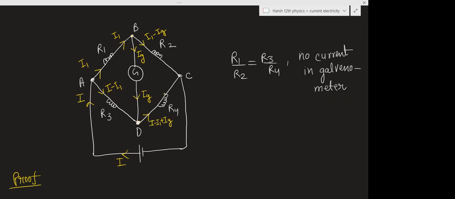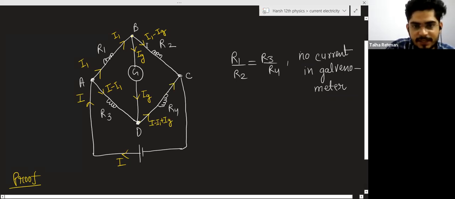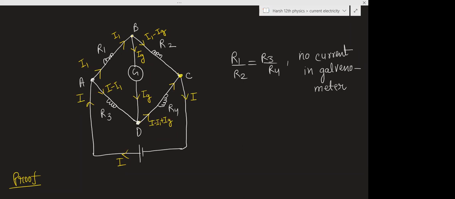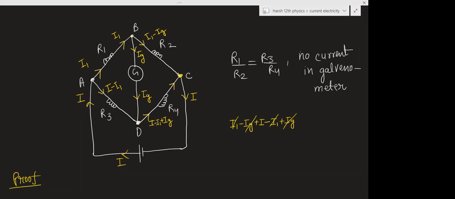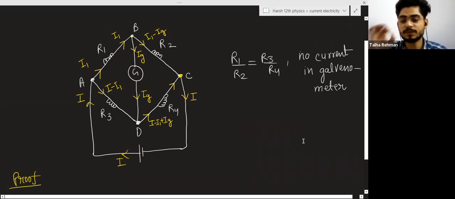When these currents meet at this point, you add all the current and you get the same current I. If you don't believe me, just add: I1 minus IG plus I minus I1 plus IG. Now you can see IG is gone and I1 is gone, so the current is I. Actually, what I have done is just apply Kirchhoff's current law.